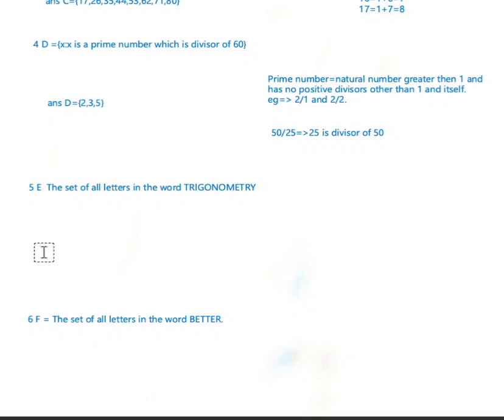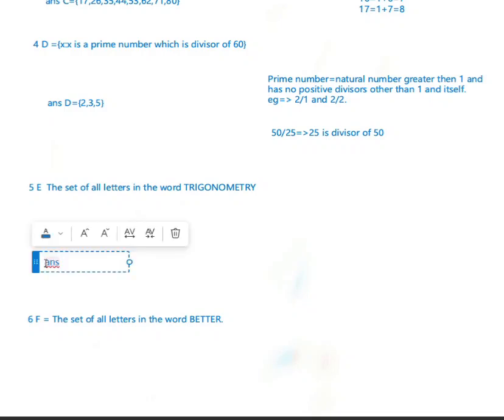So now the 5th question: the set of all letters in the word trigonometry. We have to write this in roster form. If we are given English letters, then we have to write them in roster form, separating all the letters by commas.